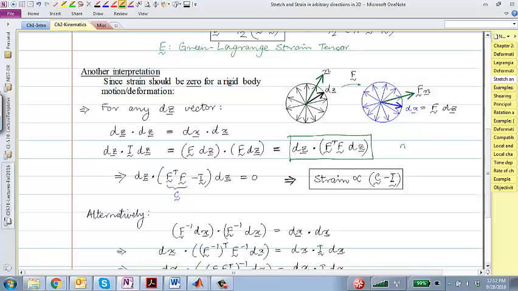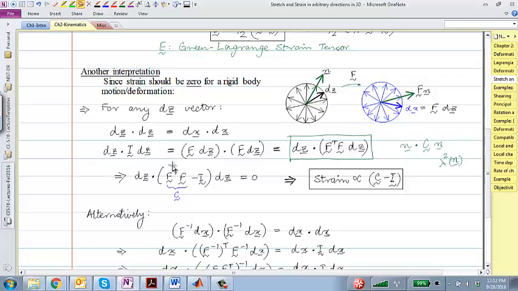Can this be interpreted as n dot C acting on n? Right? We just said that this is equal to the square of the stretch in the direction n. Correct? If this square of the stretch is equal to 1, this would be 0 because we subtract that identity from here.